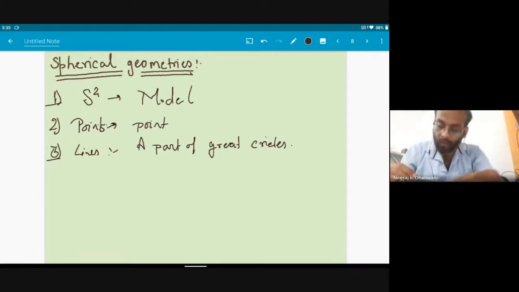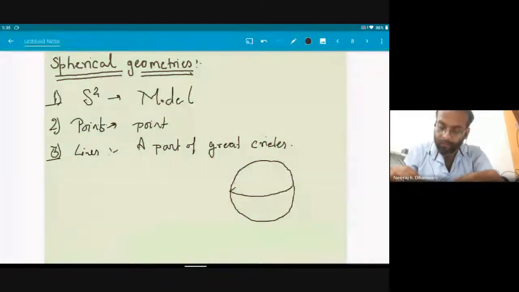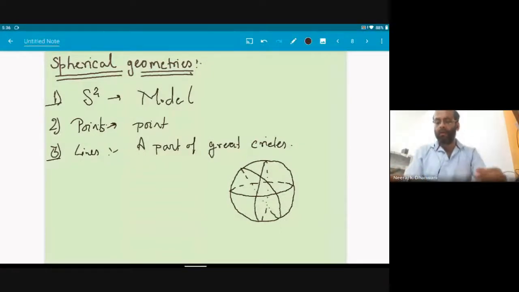So again, if you have a sphere, this is your great circle. One more can be this. One more can be this, and so on.